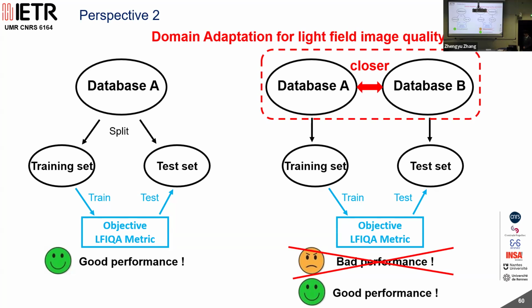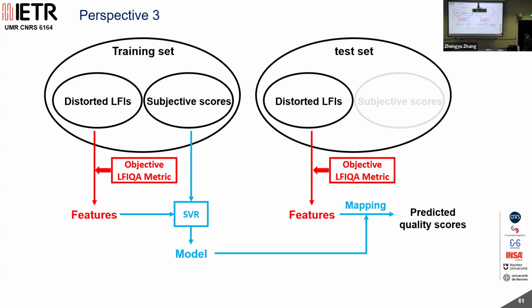That's the second perspective. And further, here we summarize the general framework of the existing objective metrics. In the training stage, the objective metrics generally extract features from distorted light field images and then use SVR to map the features to the subjective qualities to build a mapping model. Then in the test stage, we only get the distorted light field image, and we extract the features and use the trained model to map the features to a predicted quality score.